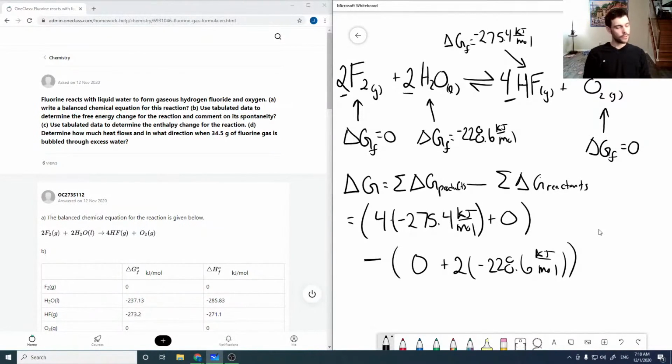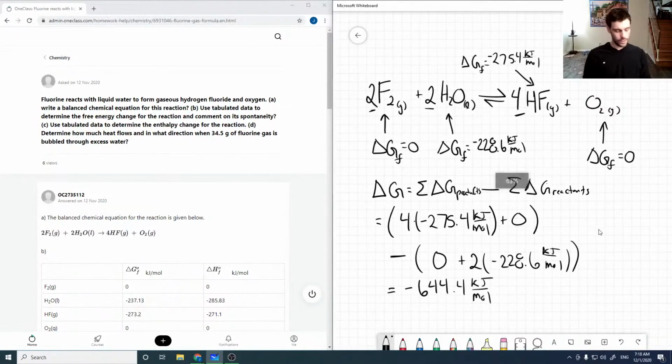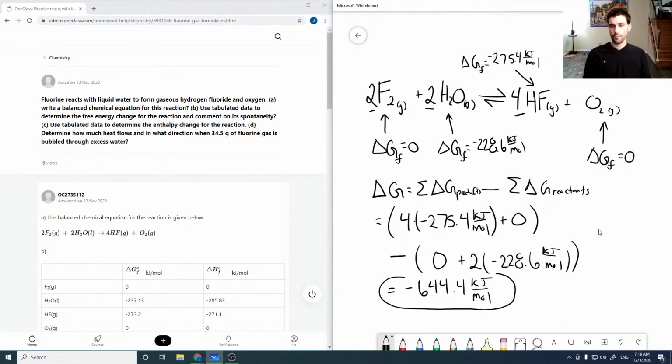If we run this on our calculator here, then we get negative 644.4 kilojoules per mole. Okay. And so there's our free energy for the reaction.